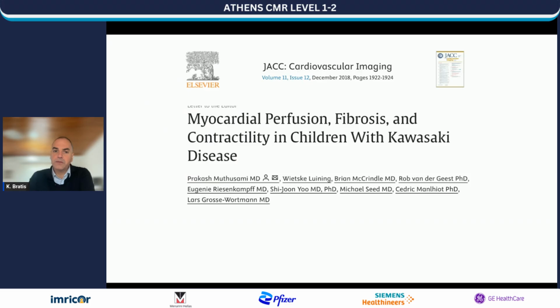This was confirmed with a more recent study from Canada, and I will complete my presentation with it. The group applied a multiparametric examination of Kawasaki disease patients, including perfusion analysis, mechanics, so strain analysis, function, and fibrosis analysis with LGE, but also parametric imaging, as I mentioned.